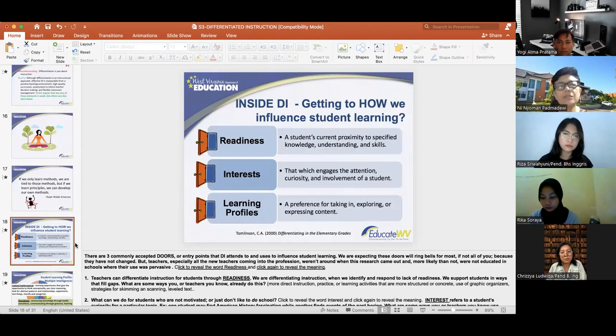So it needs a lot of consideration. The first one is the readiness, not only the readiness of the school, but the readiness of the teachers and the students. The second one is that there also has to be enough interest.